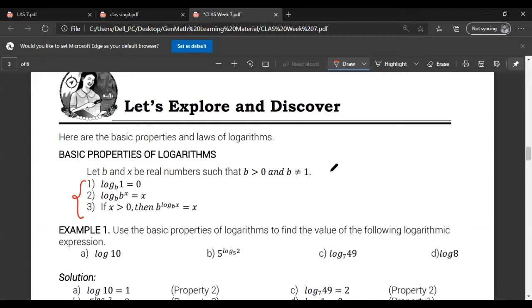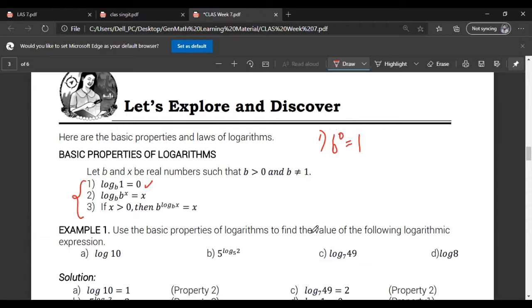So, number 1, logarithm of 1 with the base b is equal to 0. This is a property and we cannot have questions with this. But to prove this, when we rewrite number 1 to its exponential form, the exponential form would be our base, which is b, raised to 0 is equal to 1.